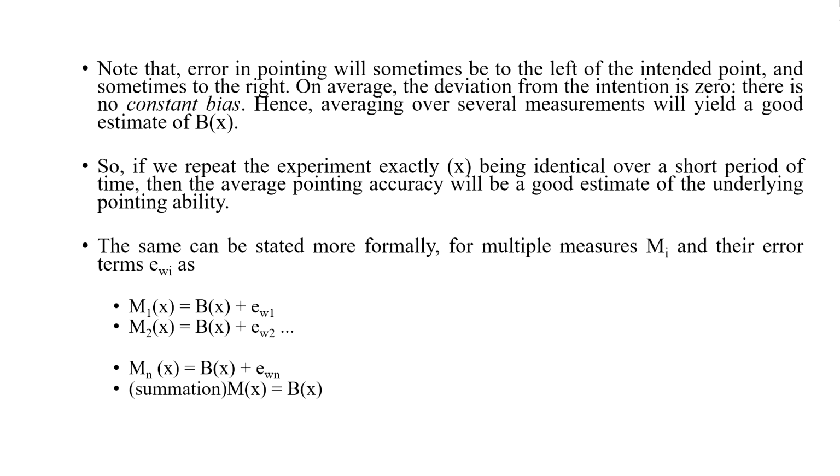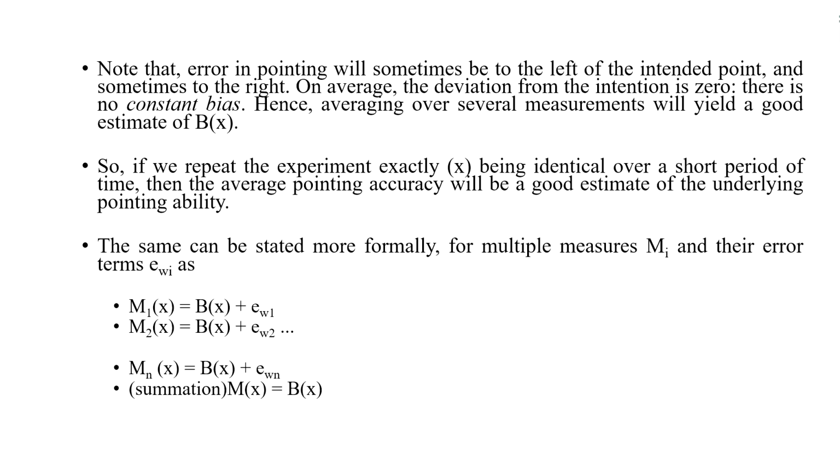The idea is that this measures how far off our participant is from the bullseye, and that is the dependent variable, which is basically indexing your mental process plus this error term. So, this error can be different on every trial. Sometimes it will be to the left of the intended midpoint, sometimes to the right of the intended midpoint.